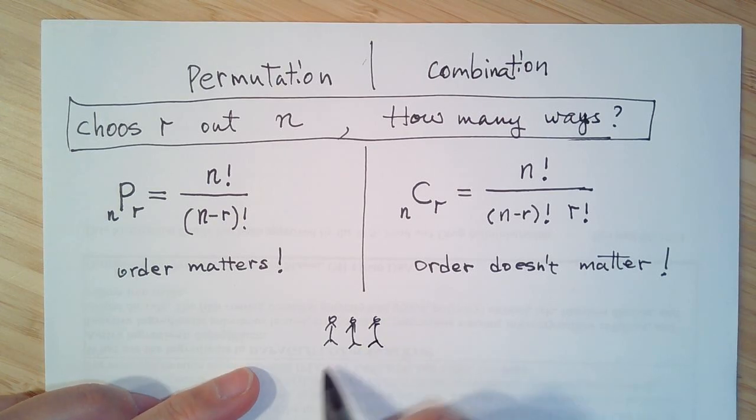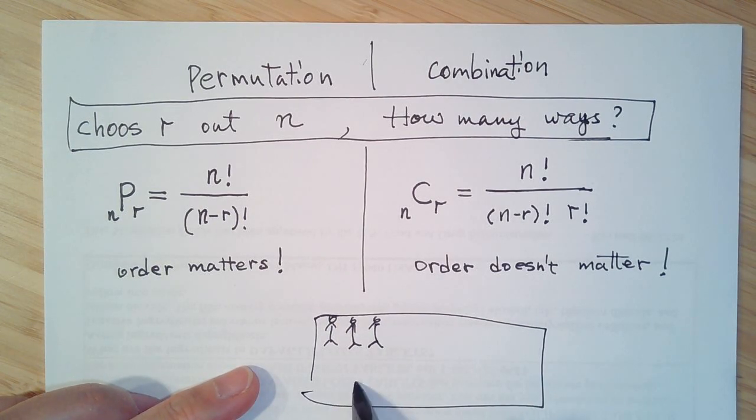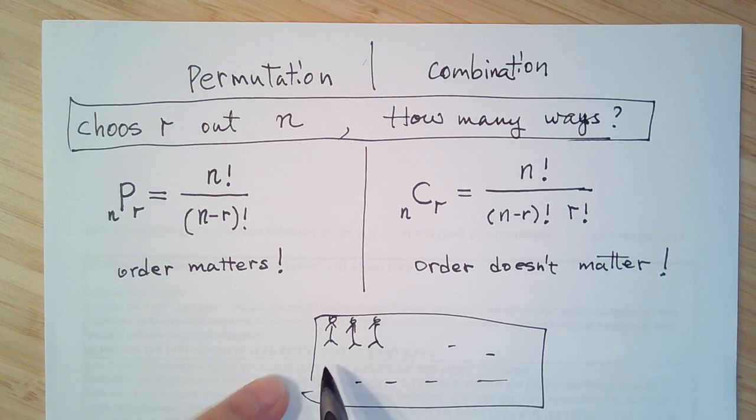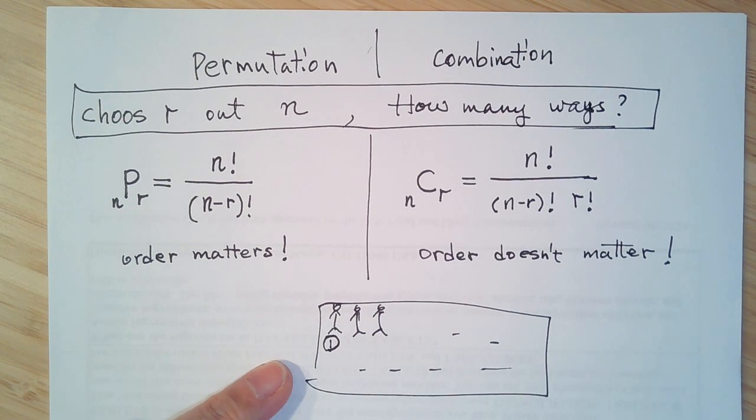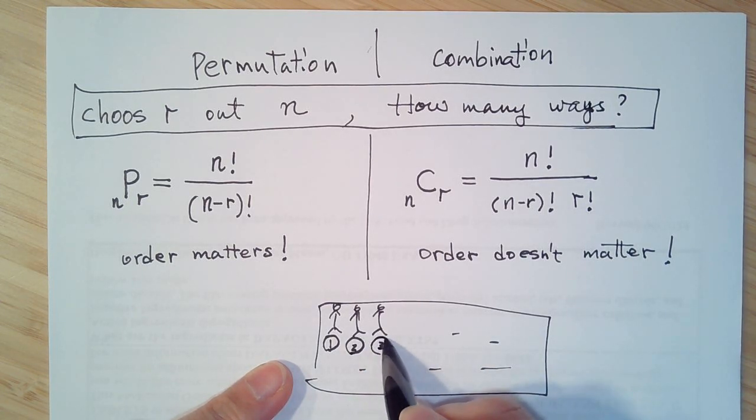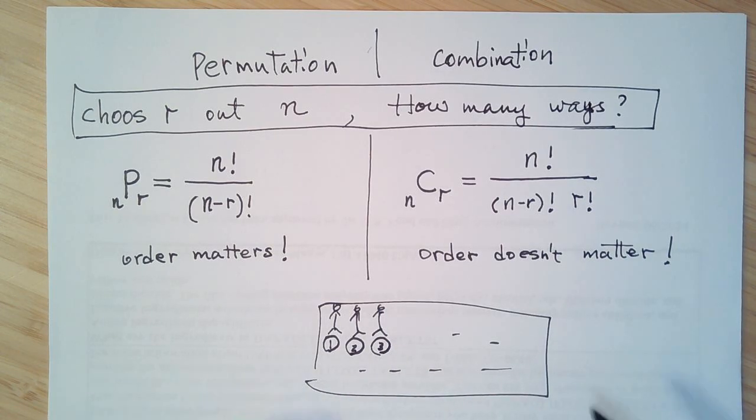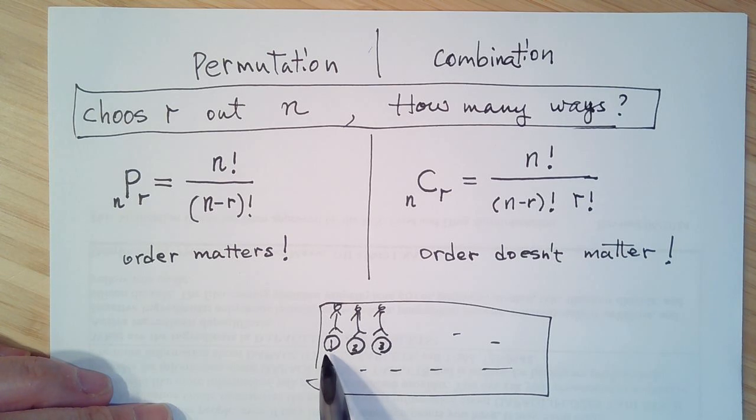If the first one is going to be the chair or president, and this is the secretary, and the third one is a treasurer. So if the first one I select, and the second, and the third one select, there's a difference.